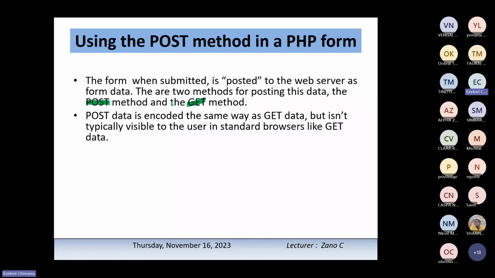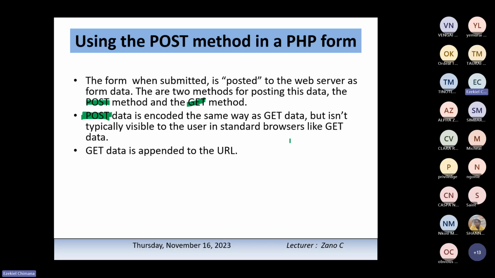So post data is encoded the same way as get data, but it isn't typically visible to the user in a standard browser like the get method. What we are saying, if you are using post, you're going to hide the data from the user. So we can use it the same way we can use get, but if you have sensitive data within your form, maybe passwords, then use post rather than using get. The get data is appended to the URL.